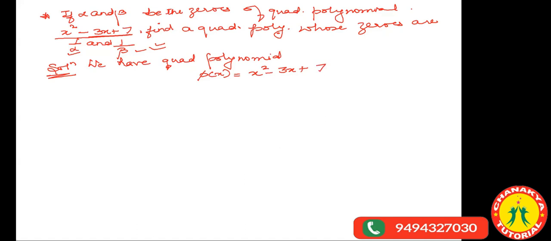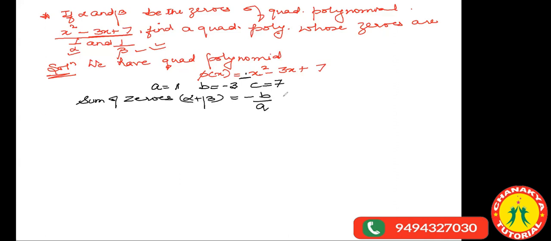Clear? So the first step is to write the values of A, B and C. Value of A: before x square, nothing is written, so you will consider it as 1. Value of B is minus 3 and value of C is 7. So children, find the sum of the zeros. Minus B by A. Now put the values.